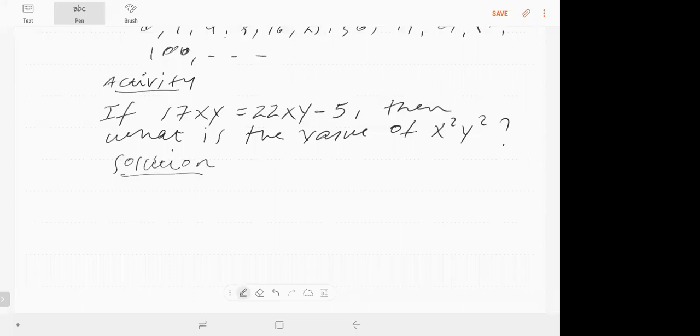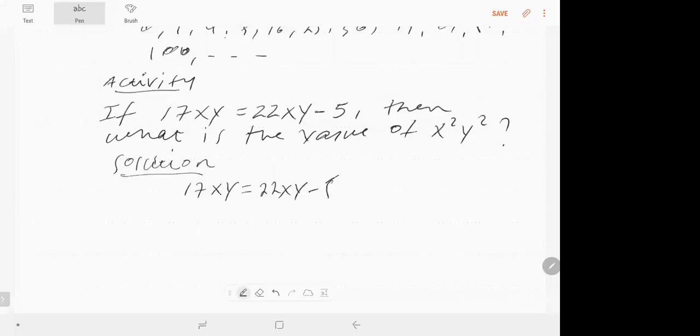So what is the value of x squared y squared? 1. Any other answer? 1. Okay, let us do it together. We are given the condition that 17xy is equal to 22xy minus 5.